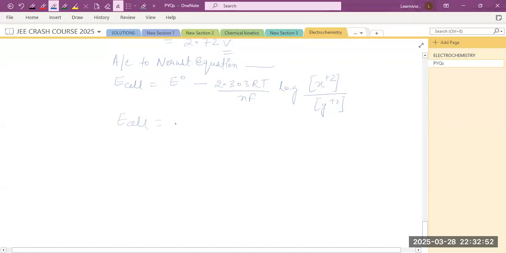E cell will be E naught cell, which we have calculated as 2.72, minus 0.06, which is the value of 2.303 RT upon F given in the question, and the n value is 2, log of the concentrations. For X2+ it is given as 0.001, and for Y ion it is given as 0.01. Just calculate it, solve it.